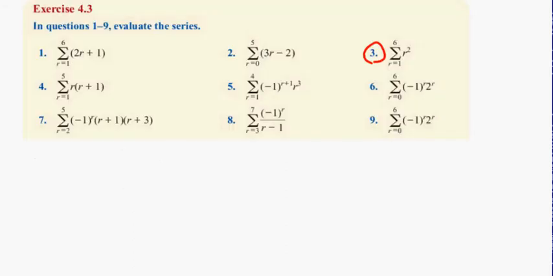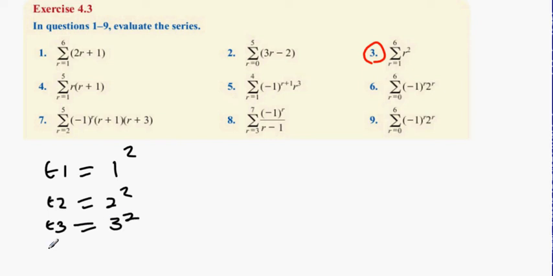Okay, so we've already done question 6. Now we're going to move on to try question 3. Once again, question 3 here can be done the same way as last time. So we need to find out what T1, T2, T3 is. T1 is going to be 1 squared, 2 squared, we're going to have 3 squared.